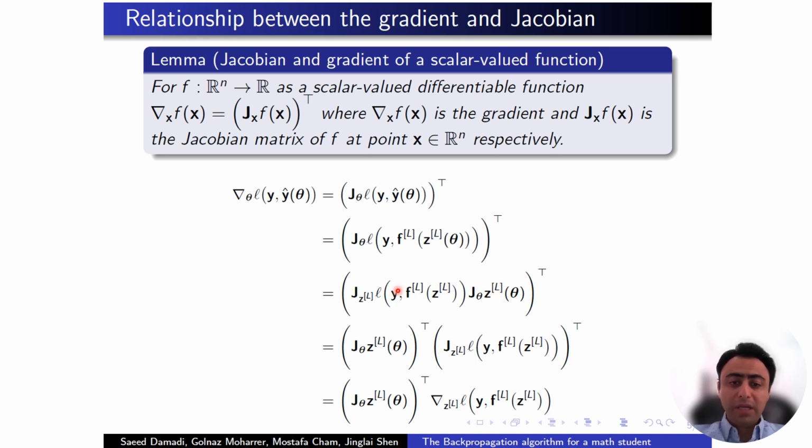Once we have these two, we apply the transpose and put this one first and this one for the second term. Because L is a scalar valued function, the second term ends up being a gradient, and the other one is the Jacobian. We will see how to calculate this efficiently, because the last layer activation functions for different neural networks are very well defined functions.